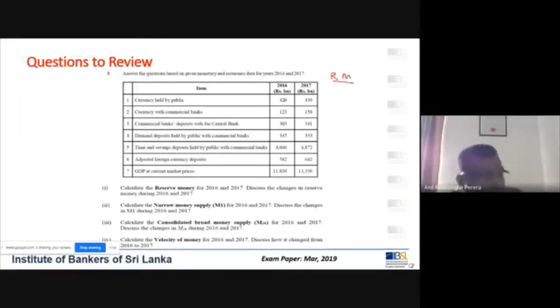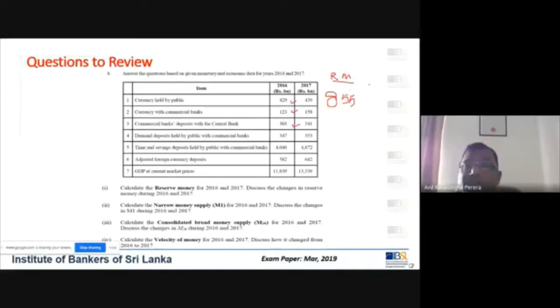What are the components you add here? 855. 855 for 2016. How do you get it? You basically add currency held by the public, currency with commercial banks, plus commercial bank deposits with the central bank. So all three equal 855.